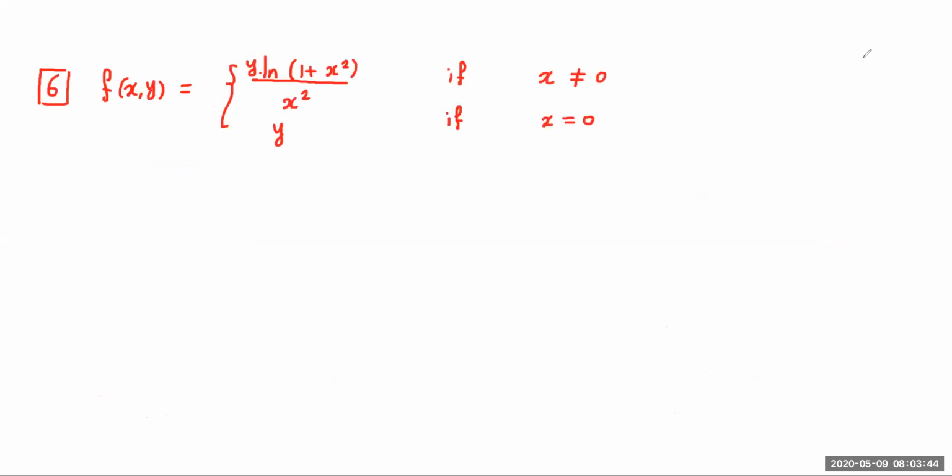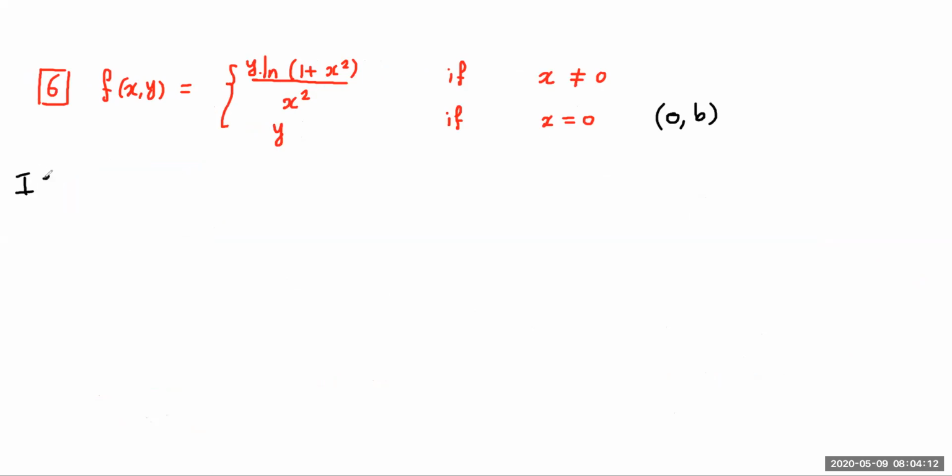Next exercise. The function f(x, y) is given by y ln(1 + x squared) over x squared when x is different from 0, and y when x equals 0. So here, let's take any point 0, b, where y is any number b.